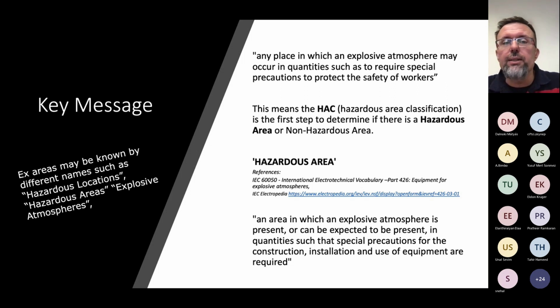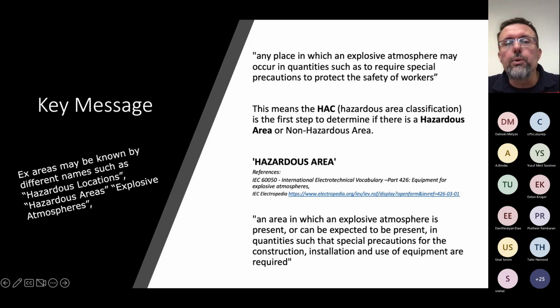Required means mandatory, essential. In Europe, where I'm coming from, this is driven by regulation. In other countries it might be a regulation, a standard, or a local decree, but it doesn't matter. It's the basis of explosion protection, the basis of safe operation.